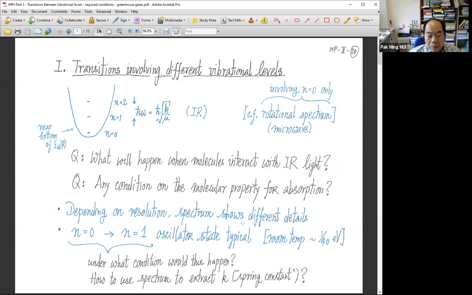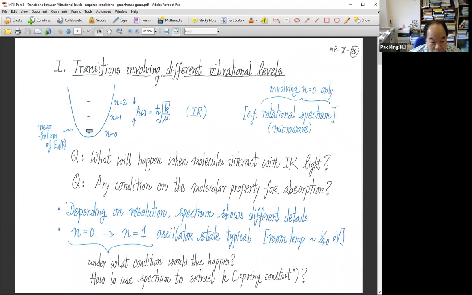So most commonly, you will excite the n equals 0 to n equals 1 oscillator state, meaning the molecule may be excited from here to there, all right? But also remember, in this picture, I only stress the vibrational level, but in fact, a full description should be n equals 0, L equals 1.